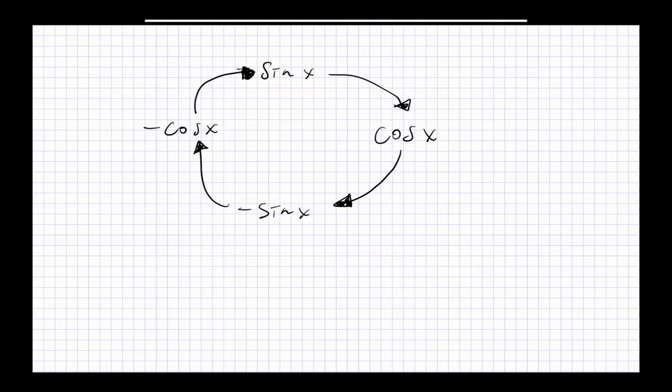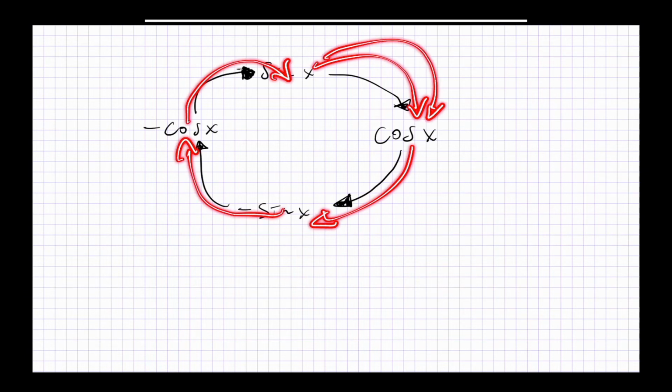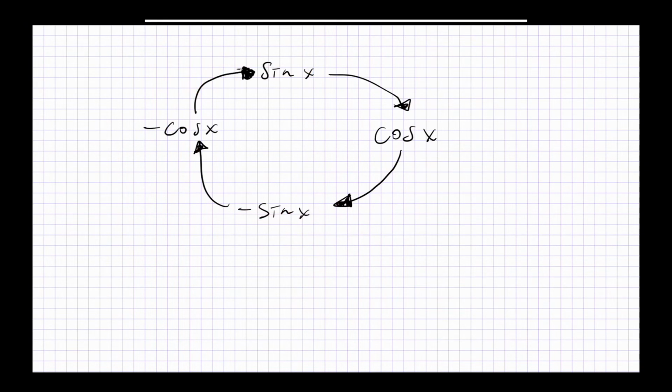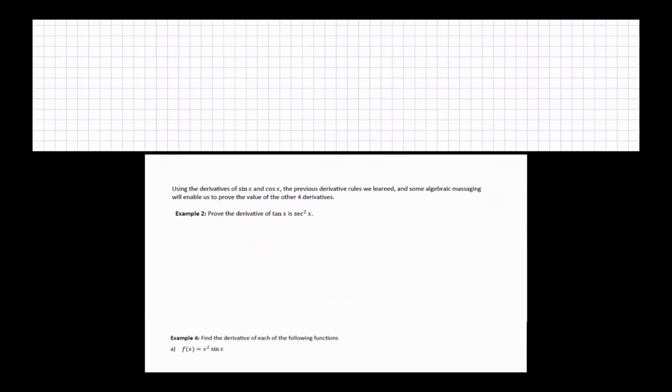What's the 10th derivative? 1, 2, 3, 4, 5, 6, 7, 8, 9, 10. Negative sine. They like to ask that question a lot because they just repeat themselves. Do you know the pattern and the order of the pattern? That's something that will come up a lot.